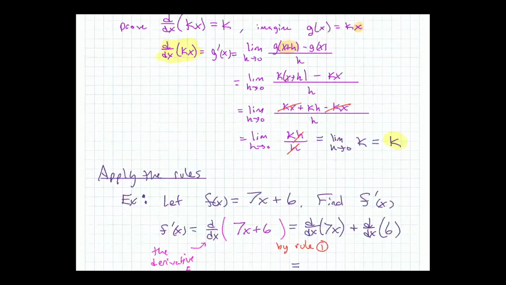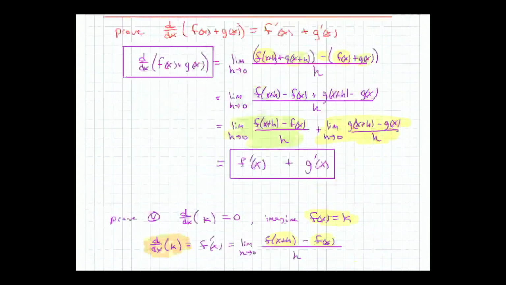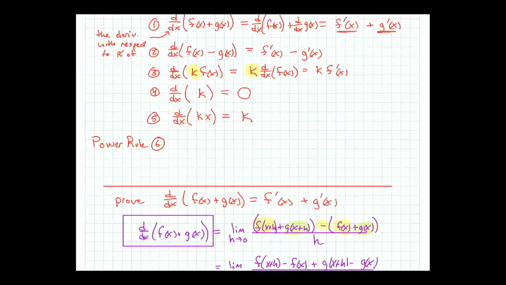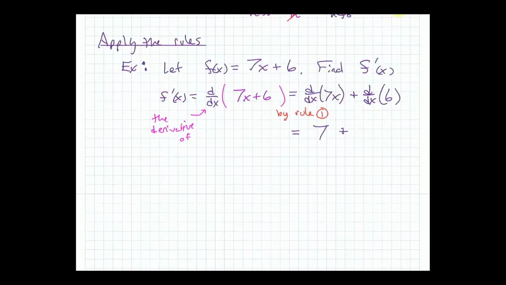So what's the derivative of 7x? Just 7. Now you have the derivative of 6. What's the derivative of 6? Well, that's going to be this rule: the derivative of a constant is 0. So down here, the derivative of a constant, 6, is 0. All right, and that's it. Answer 7.